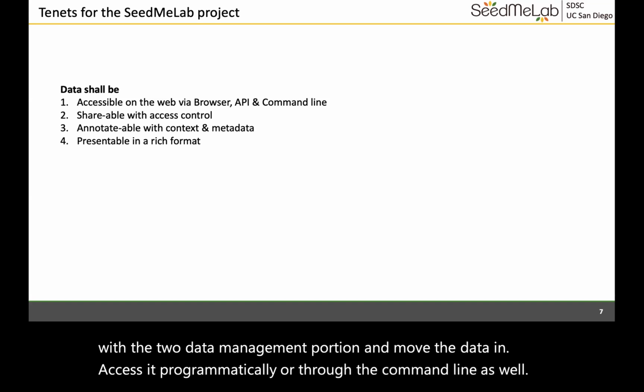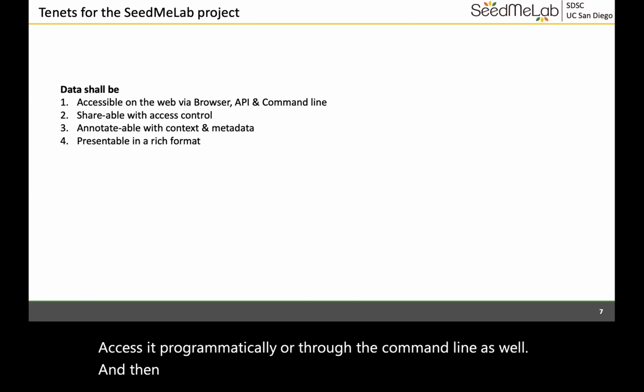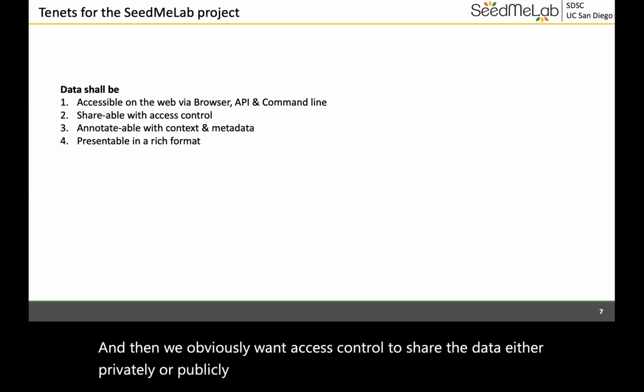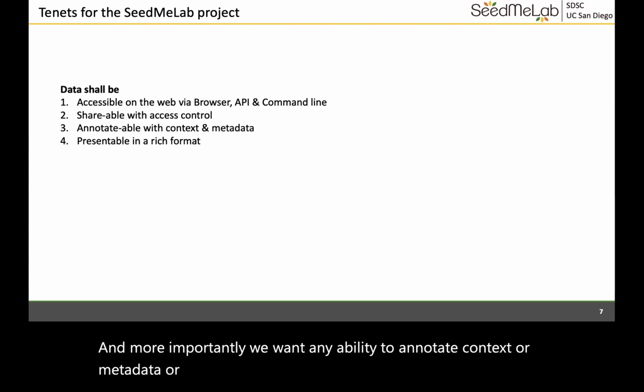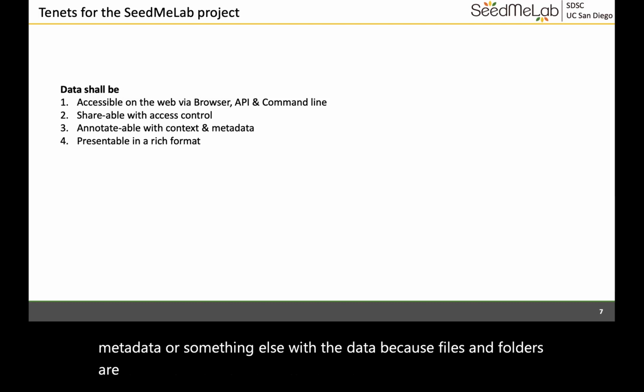And then we obviously want access control to share the data either privately or publicly, or with read or write privileges with others. And more importantly, we want an ability to annotate context or metadata or something else with the data, because files and folders are not everything. We need a lot of other information to make the most out of them.